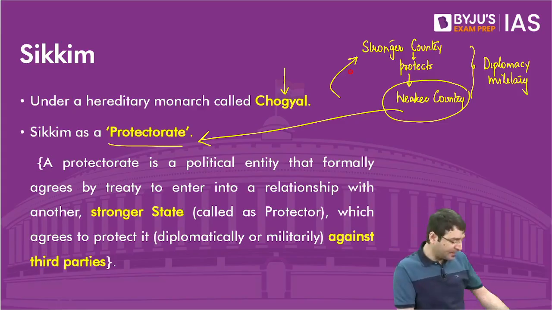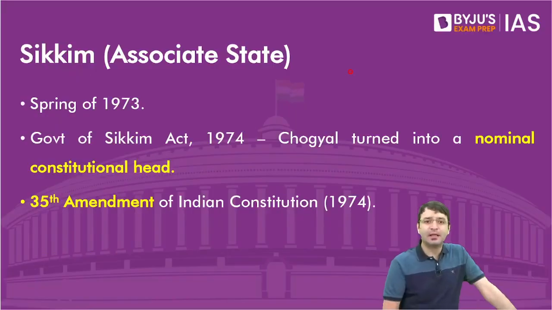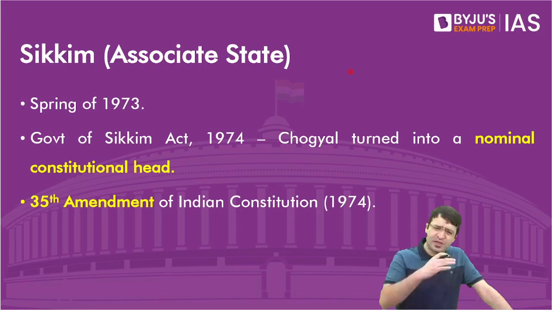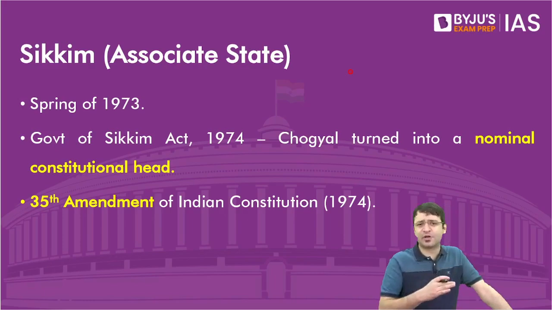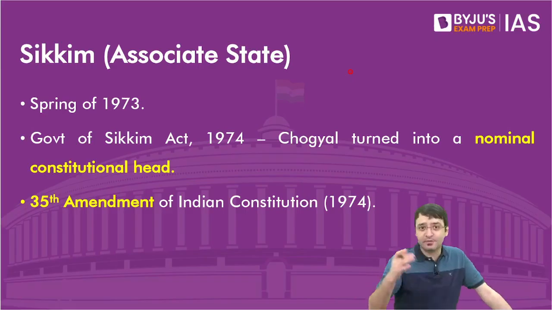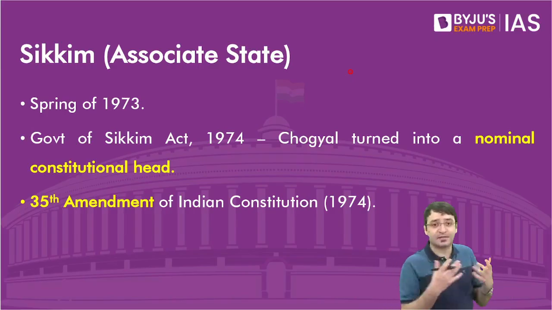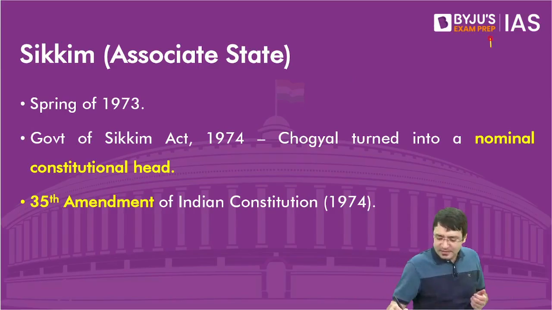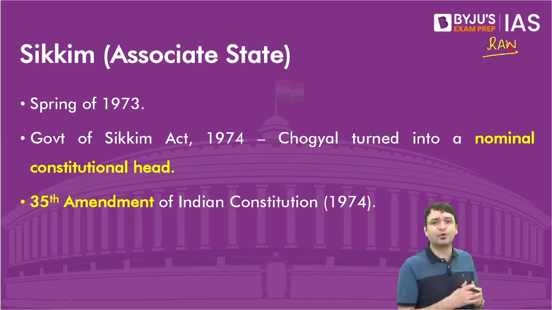Then in 1973, there was a spring, a movement launched by the people of Sikkim where they revolted against the Chogyal. There were a series of protests, a series of demonstrations, and it is argued, I don't know whether that's correct or not, but it's a good thing if it has indeed happened, some analysts say that RAW played an important role in fueling these protests.